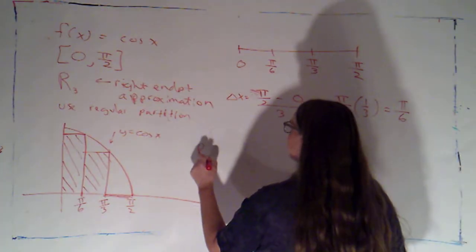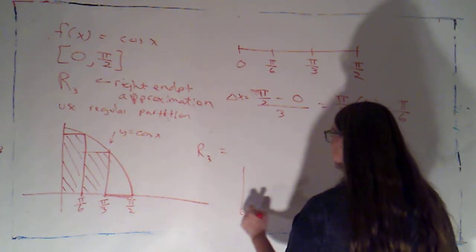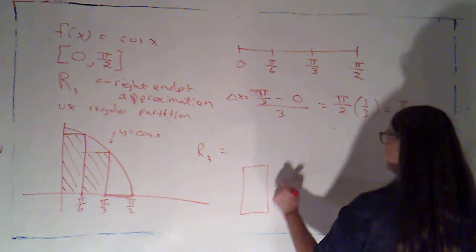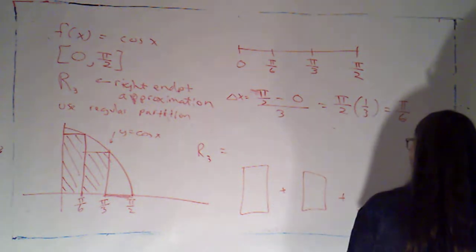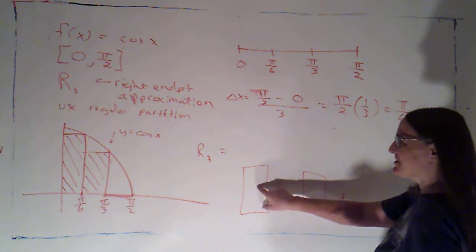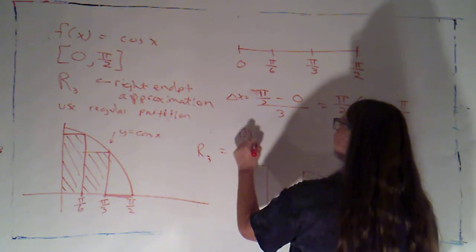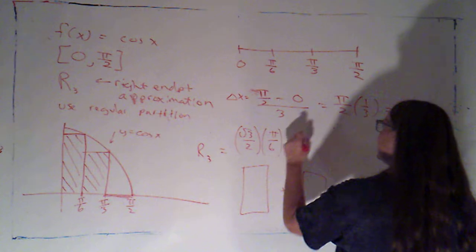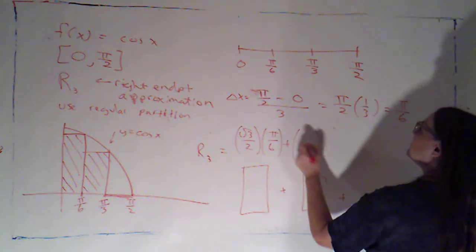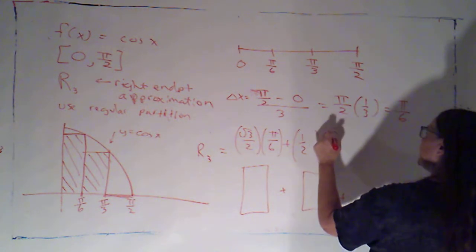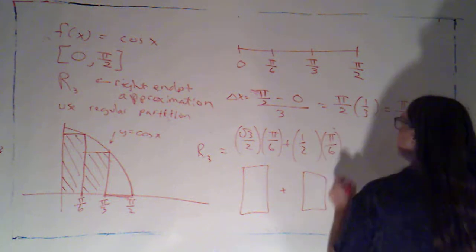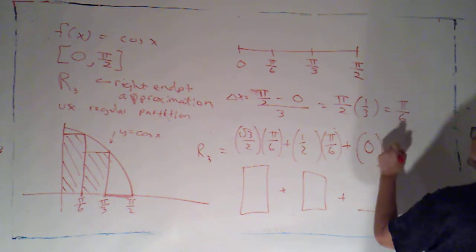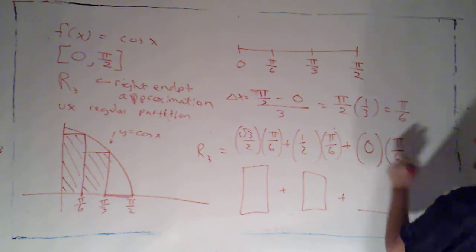So let's go ahead and write out what we get. R3 is just a sum of these 3 rectangles. I kind of like to have a picture. So this first rectangle, the height we said was root 3 over 2 times pi over 6. Plus this one, the height was 1/2 times pi over 6. Plus this one, the height was 0 times pi over 6.